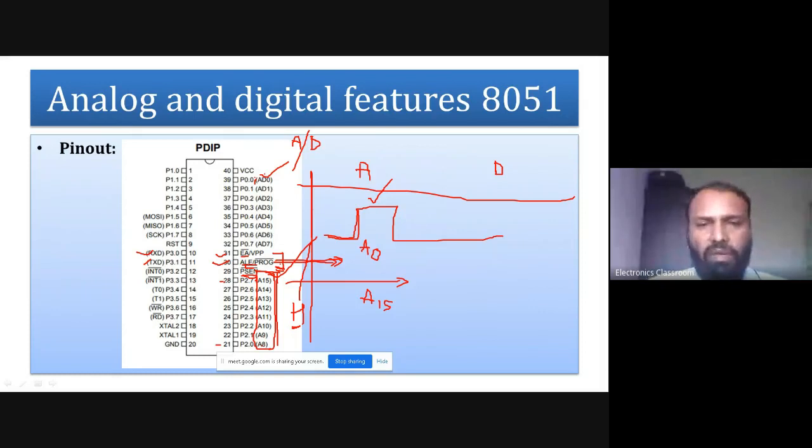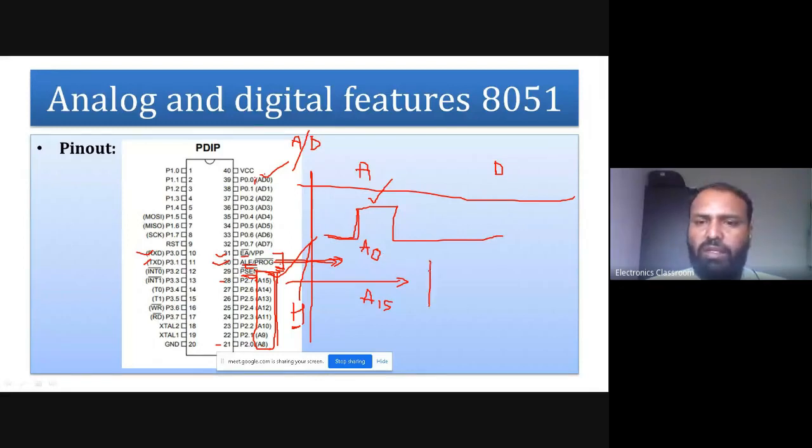For example, I have interfaced external memory with my microcontroller and I want to perform a read or write operation. To perform any operation, first the microcontroller will send the address. To differentiate address from data, the microcontroller will make this pin high so that our demultiplexing logic can understand that right now we have address on those pins.